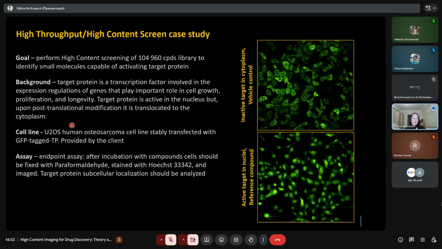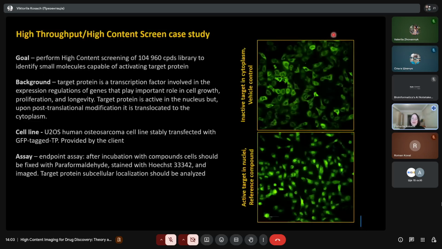An example of a high throughput, high content study with 100,000 compounds testing. It's about 330 plates to be tested. The model was a U2OS cell line transfected with a target protein fused with GFP. So we did not need to label anything.